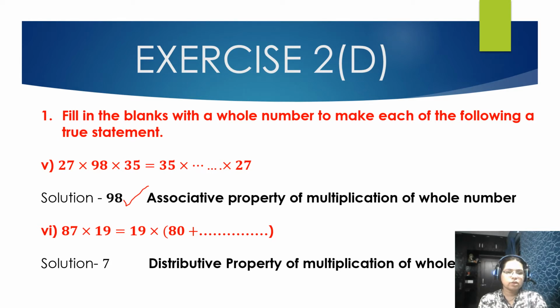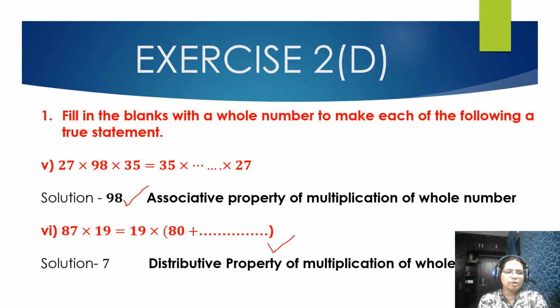Sixth bit: 87 multiplied by 19 equals 19 multiplied by 80 plus dash. We know 87 equals 80 plus 7. So (80 plus 7) multiplied by 19 equals 80 multiplied by 19 plus 7 multiplied by 19.